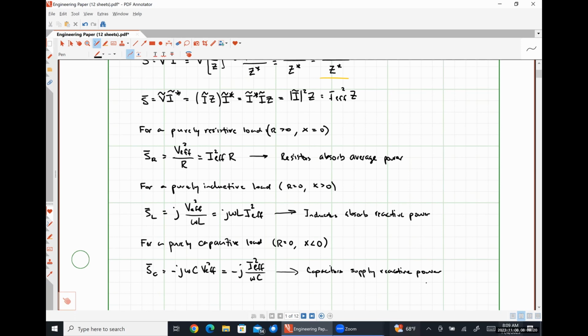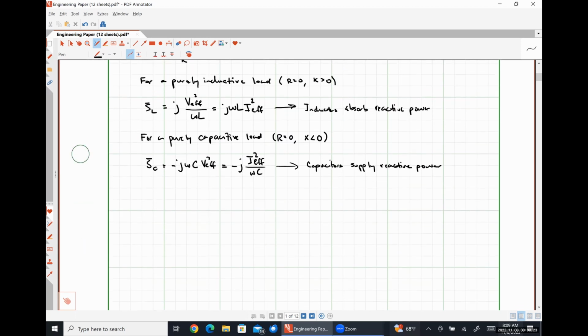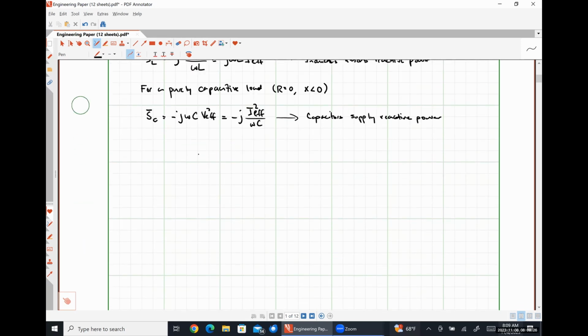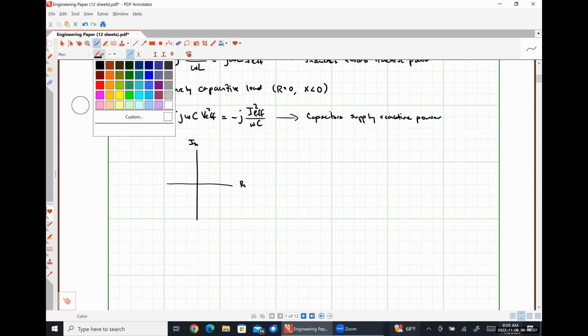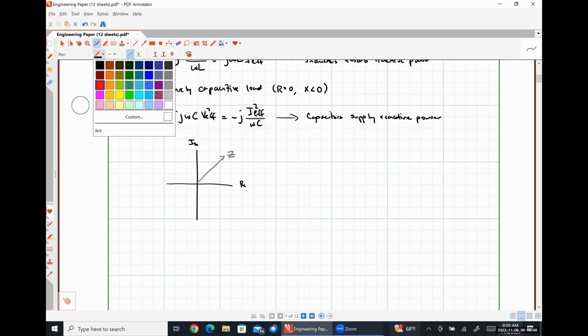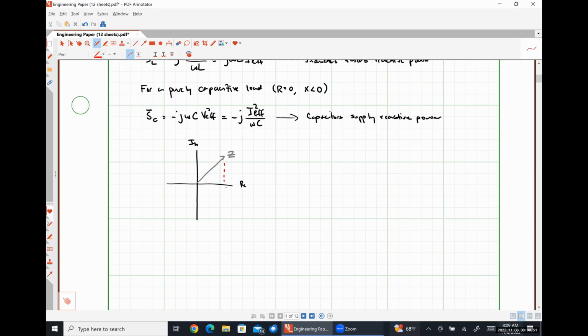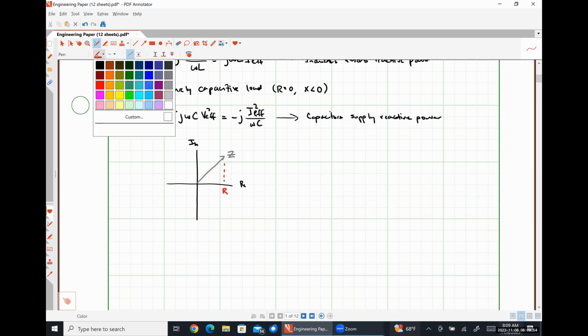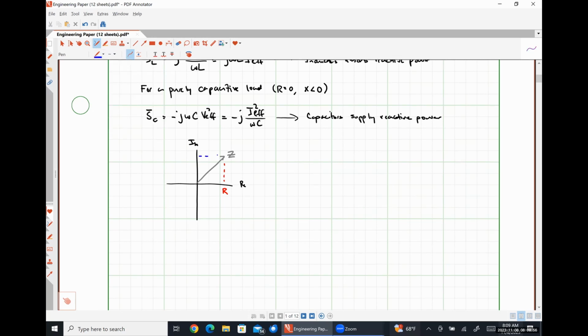Right. So if we were to look at a complex plane here, right? So here are our real numbers and here are our imaginary numbers. If I have a generic impedance Z, the real part of Z is the resistance, and the imaginary part of Z is the reactance.